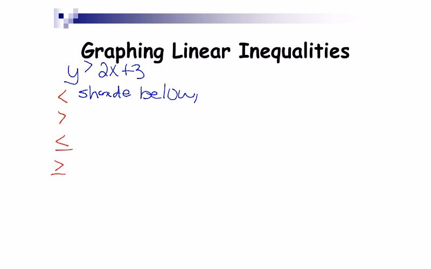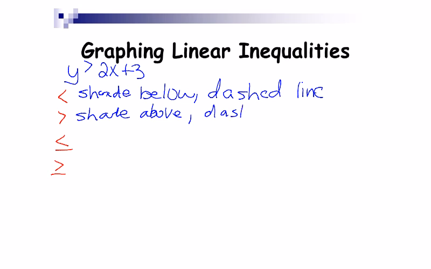Also, the line has to be a dashed line. It cannot be a solid line. All right. If it's greater than, you're going to shade above the line. And it has to be a dashed line still.